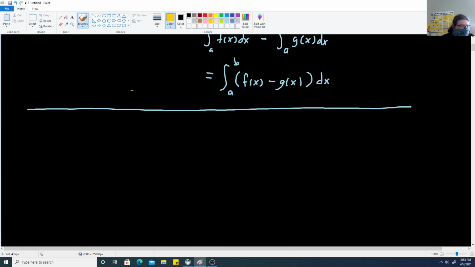So our book gives us the first equation for the area between two curves, or between two graphs, I guess we could say.